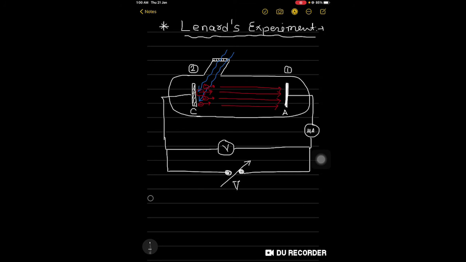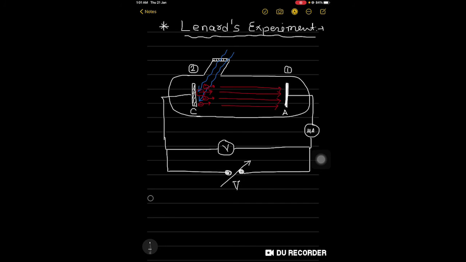Now after the discovery of electron in 1897, it became evident that the incident light causes electrons to be emitted from the emitter plate. Due to negative charge, the emitted electrons are pushed towards the collector plate by the electric field. Here, the electric field is produced due to this power supply.